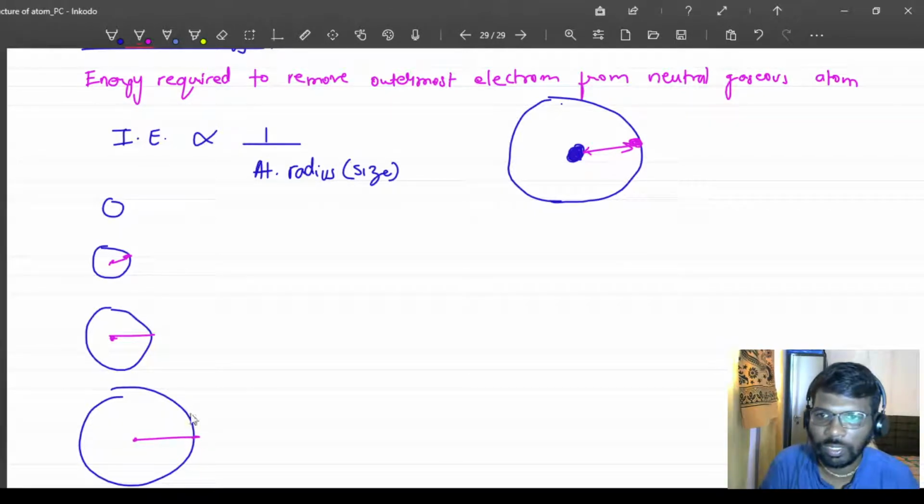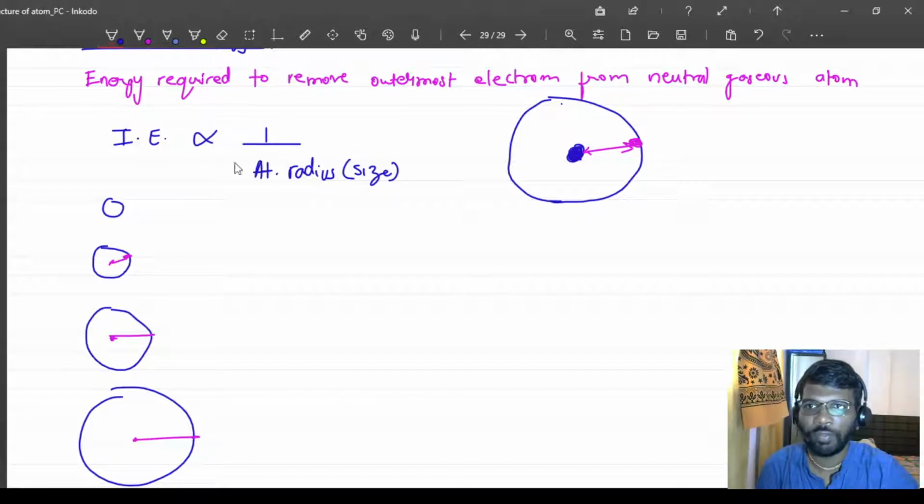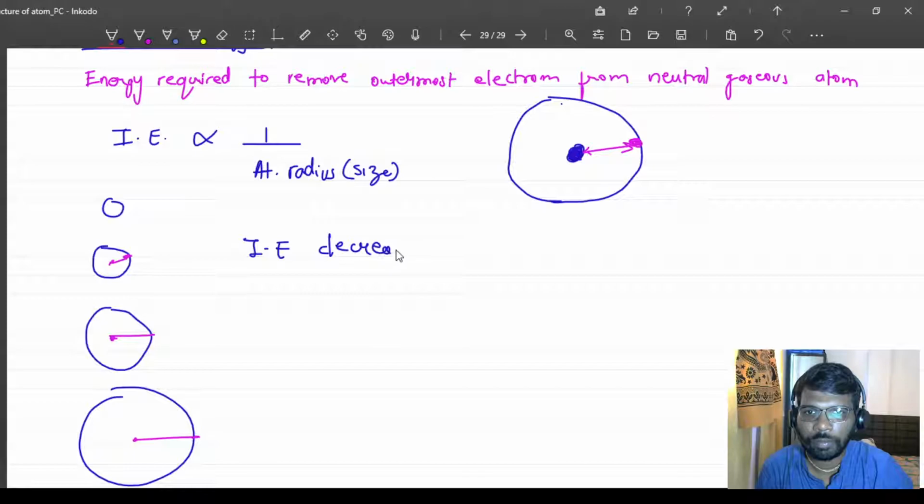Because of this distance, less energy is required. So ionization enthalpy is inversely proportional to the atomic radius. What we can say is that ionization enthalpy or energy decreases down the group.